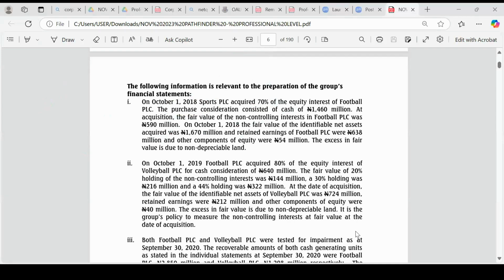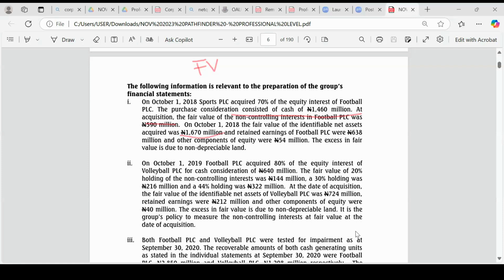Now, this already tells me that, because they have given me the fair value of NCI, it is very likely that they will ask me to value NCI at fair value.